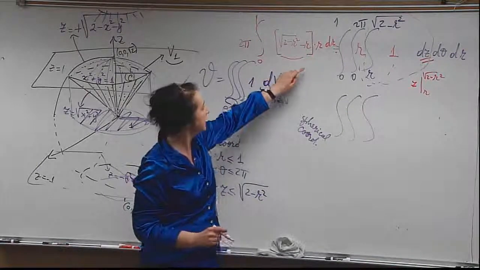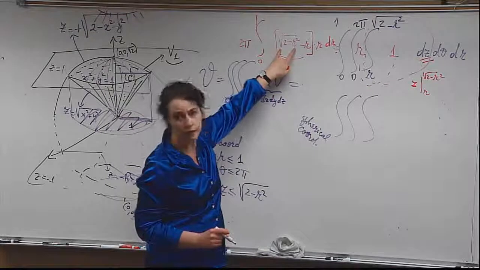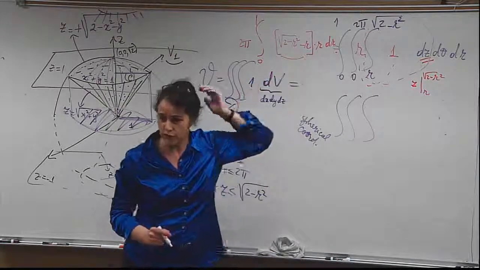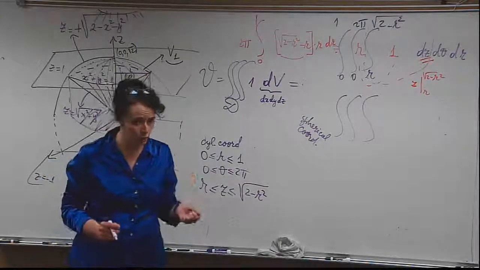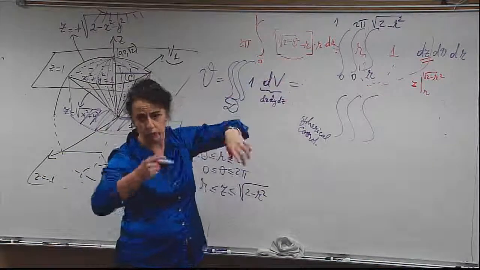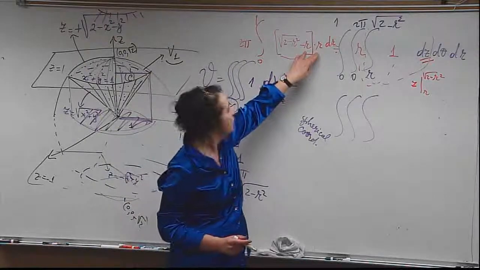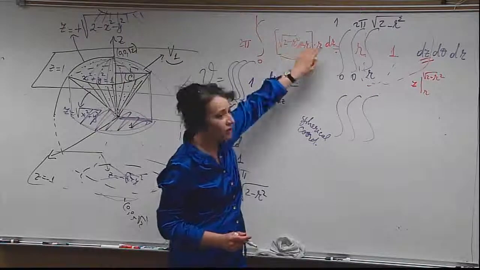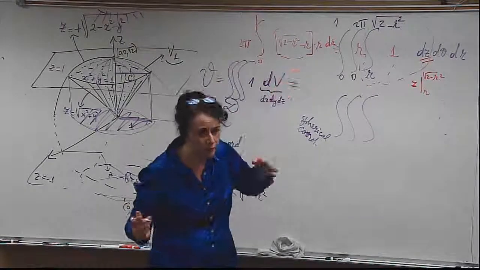The first integral will be r times the square root of 2 minus r squared. How can you do such an integral? With a u substitution, for example u equals 2 minus r squared. The second integral is a piece of cake, the integral of r squared, r cubed over 3 between 0 and 1, one third.